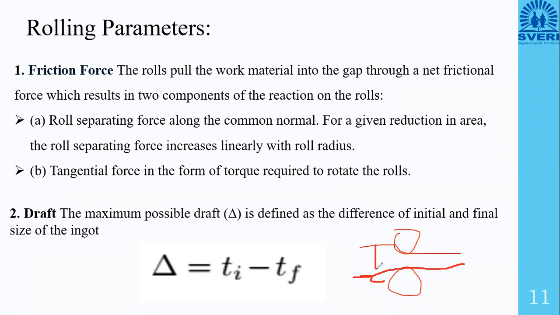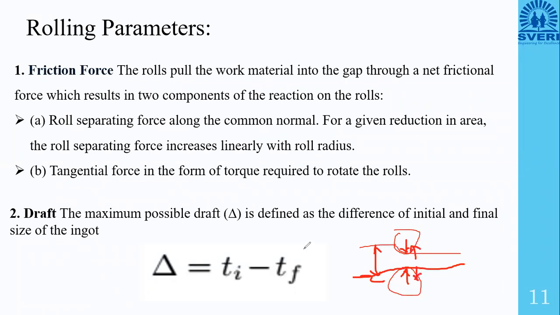Because of this material thickness, or the material force, the rollers apply pressure to the downward side, this upper roller applies pressure to this side, but at the same time the material applies pressure to the upward side, opposite to the roller.